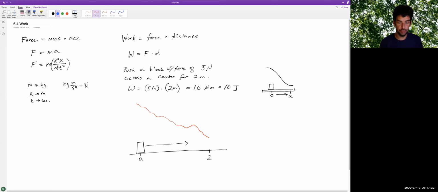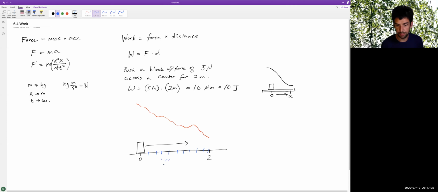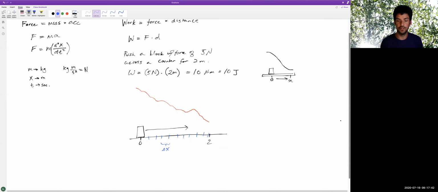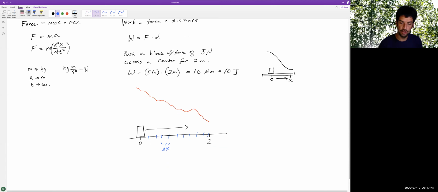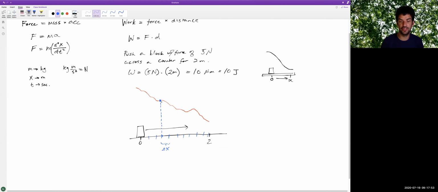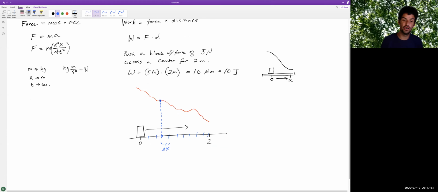So what I could do is split up this interval. I might call each of these pieces delta x, right? That's the distance of each of these intervals. And I might say, well, on this interval, I could just say the force, which I've sketched in this graph, is this high. I could pretend the force is this strong during the whole interval.